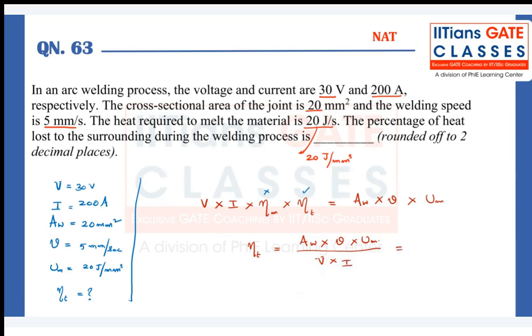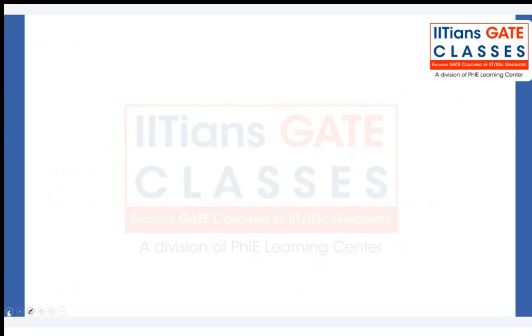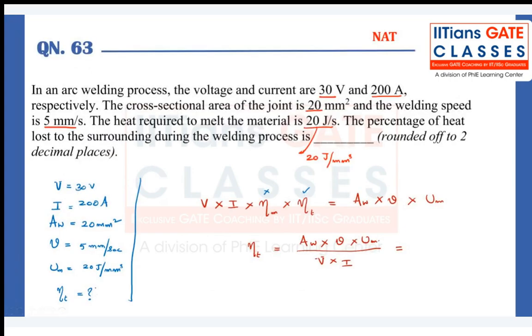Now substitute the values, guys. How simple! Area of the weld is 20, into welding speed 5, into unit melting energy again 20. Divided by V is 30 and welding current is 200.